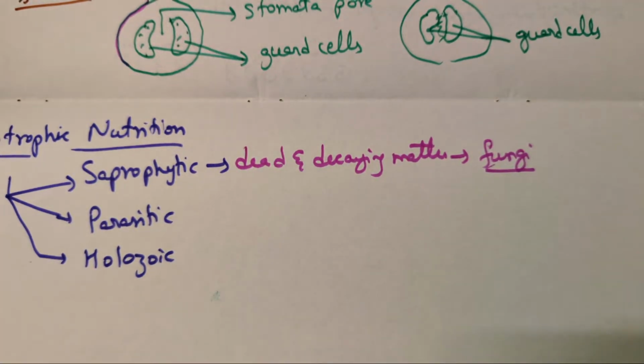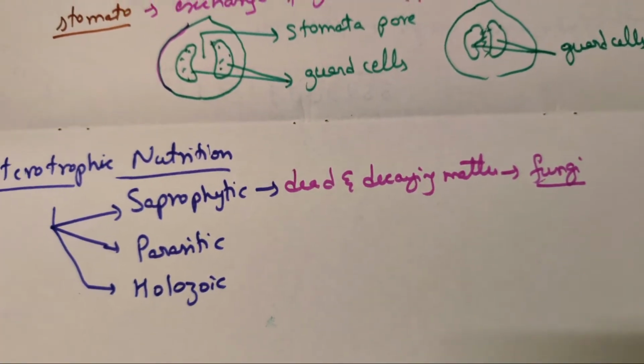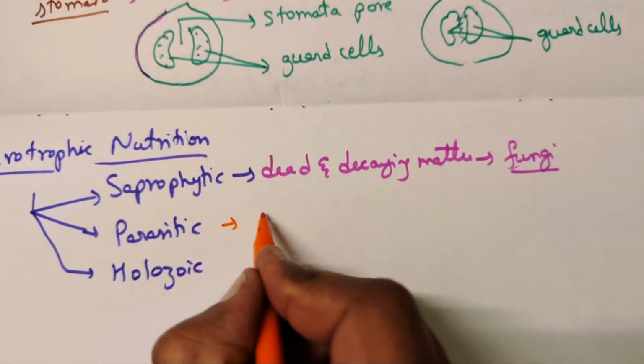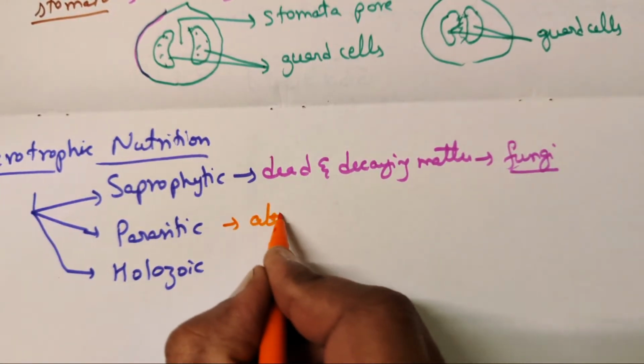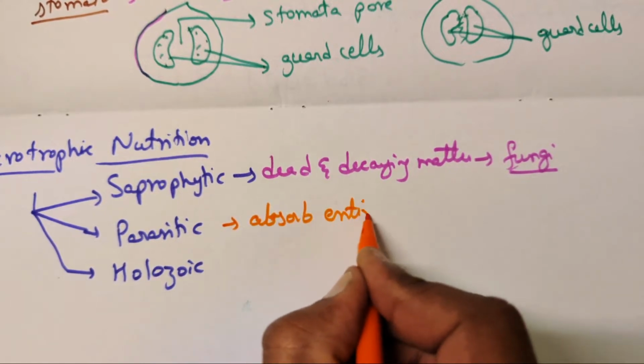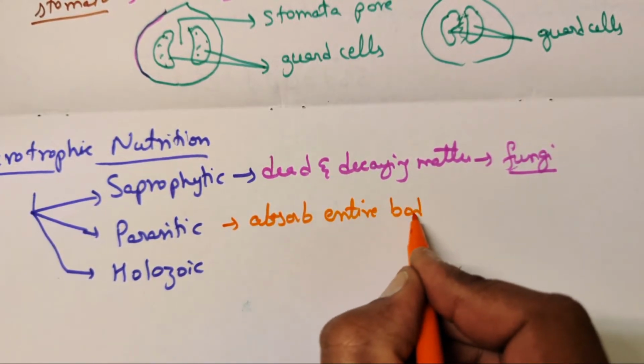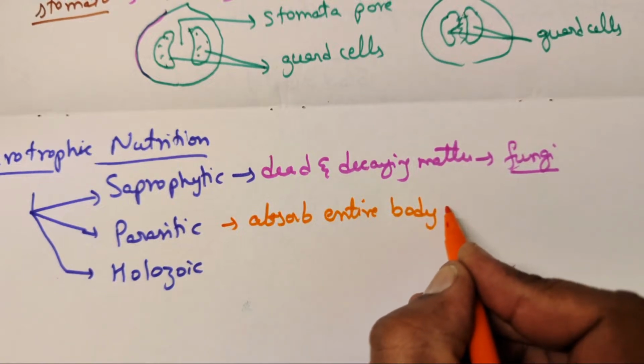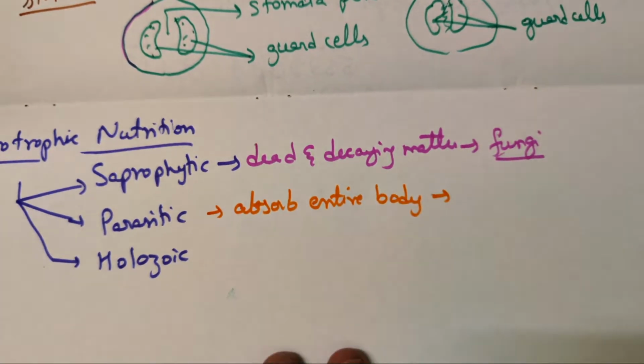The second is parasitic. So parasitic are the ones which absorb the entire body. So how is it happening?